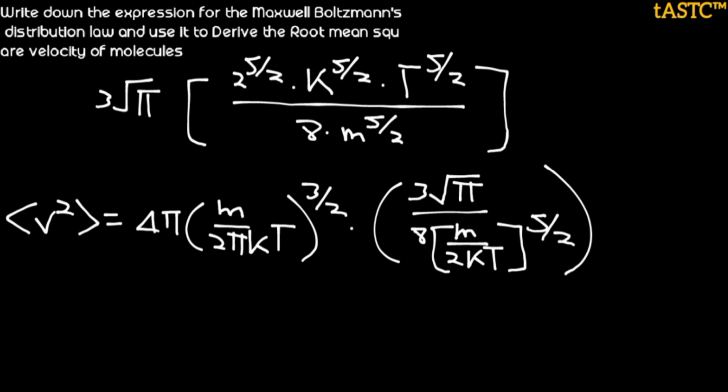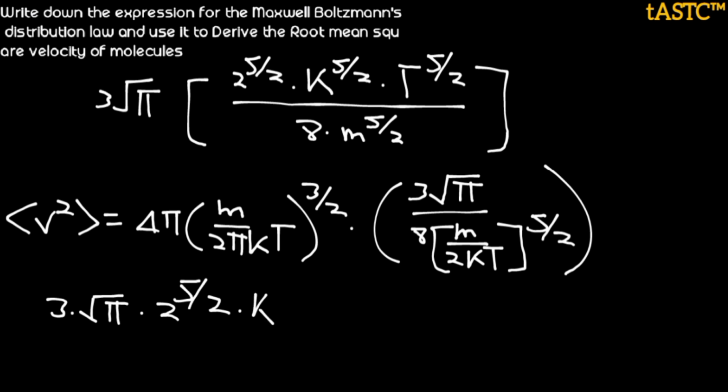Now from here, we could take this stuff up, and that is going to take a negative symbol for its power. So we should have something like this. This is going to be 3 multiplied by root pi, and this is going to be multiplied by 2 to the 5 halves. Well, multiplied by k to the 5 halves.